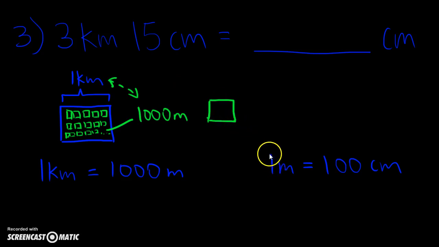In this 1 meter packet, there are 100 of these small centimeter units. So I have 100 of these centimeter units in 1 meter packet. Do you see how everything fits in now?